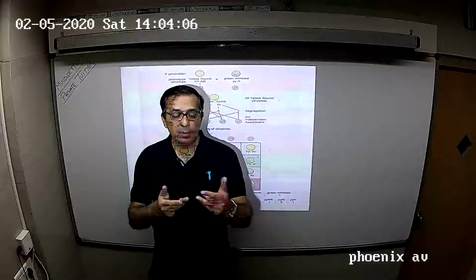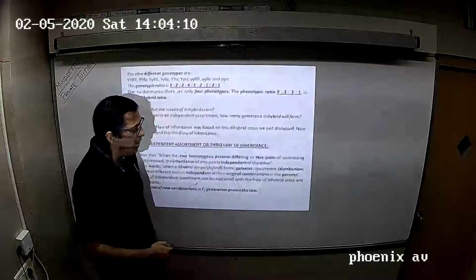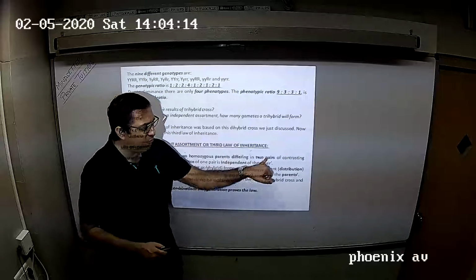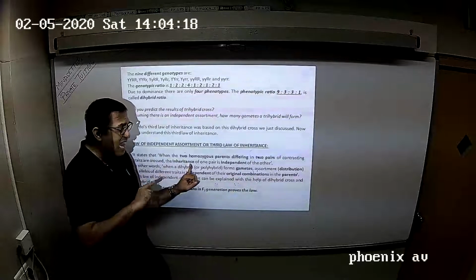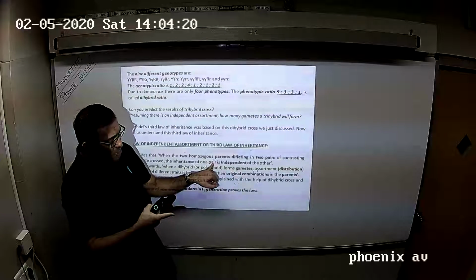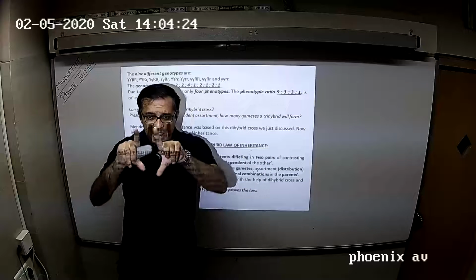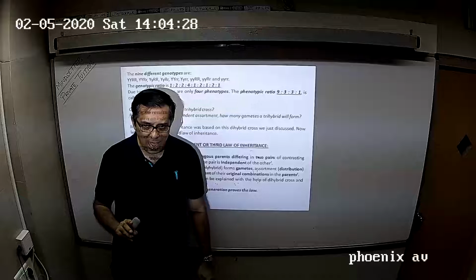That explains something called as Mendel's third law of independent assortment, that when two homozygous parents differing in two pairs of contrasting traits are crossed, inheritance of one pair is independent of the other pair. So inheritance of one pair was completely independent of the other pair.